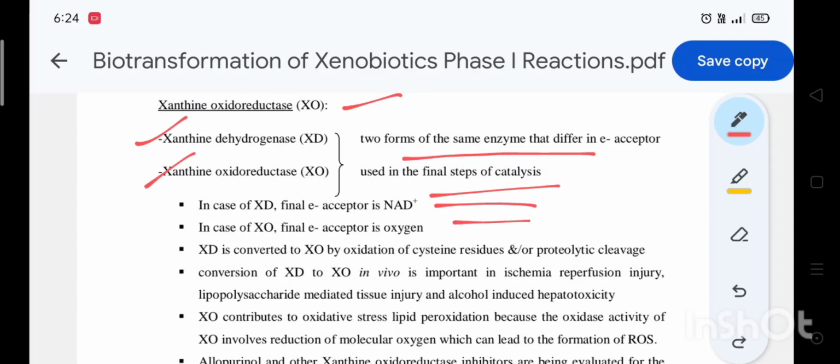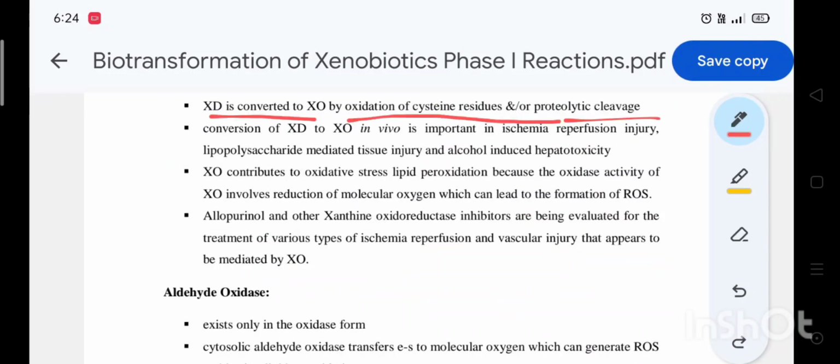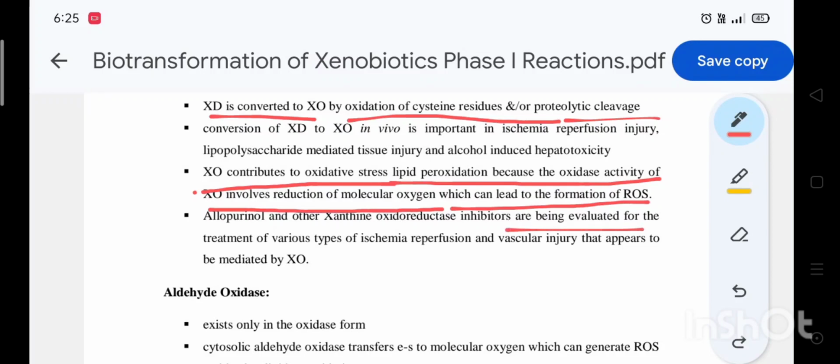XD can be converted into XO by oxidation of cysteine residues and or by proteolytic cleavage. XO contributes to oxidative stress and lipid peroxidation because of the oxidase activity of XO, which involves reduction of molecular oxygen, which can lead to the formation of ROS. Now allopurinol is one type of XO inhibitor, and other XO inhibitors are being evaluated for the treatment of various types of ischemia, reperfusion and vascular injury.